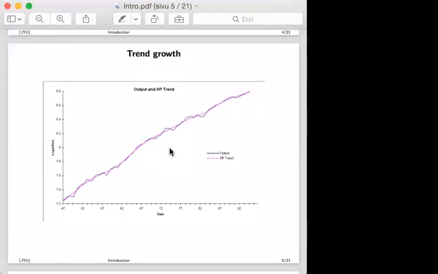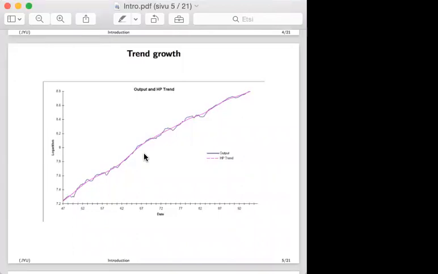This is US GDP growth, or log GDP, where we have a trend and then the original data. So the difference of these series are the cyclical fluctuations. We could really ask why it has to be so that the economy is not growing at a constant rate.